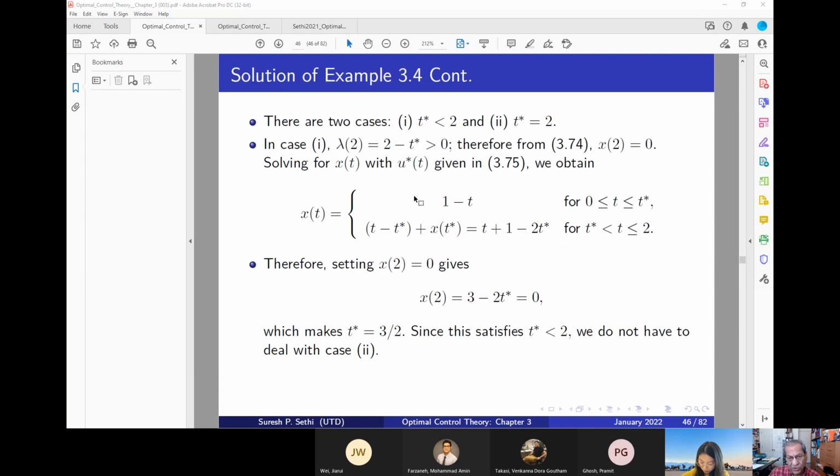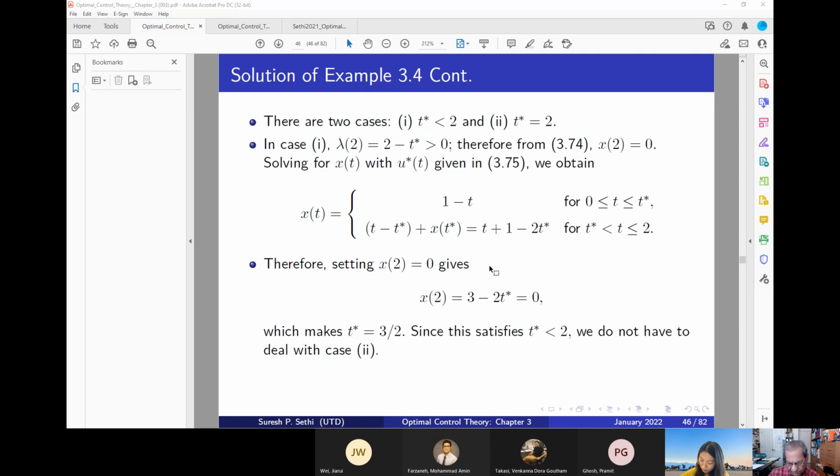So we have x2 equal to 0, but we already know what xt is. We put t equal to 2 here and set it equal to 0, and we get this. That gives you T star equal to 3 divided by 2. And once we have 3 by 2, it satisfies what we assumed, T star less than 2, and we do not have to deal with case 2.